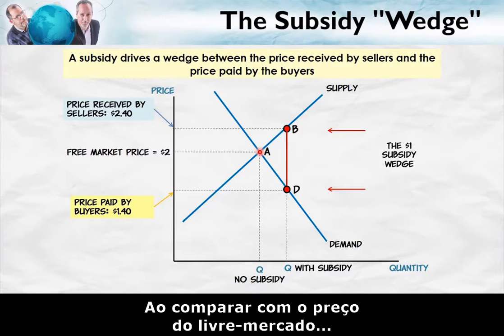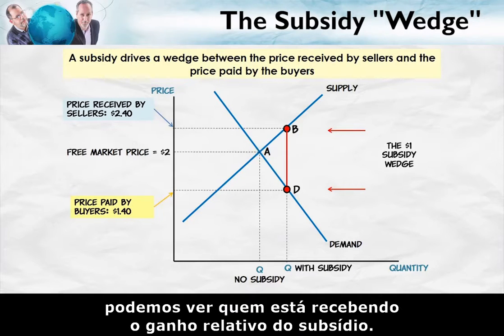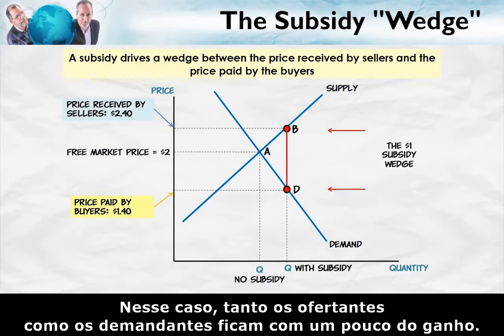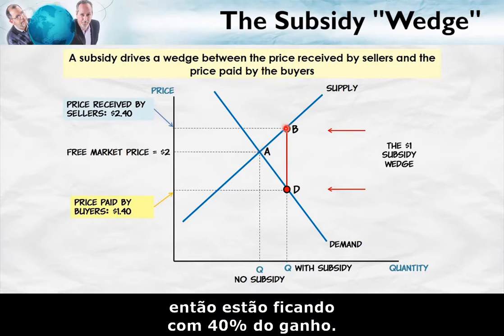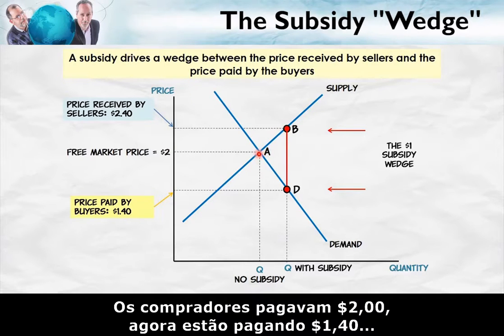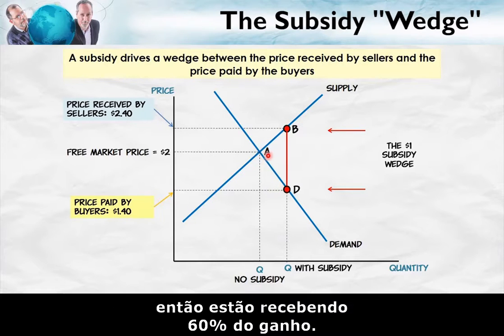By comparing with the free market price, we can see who is getting the relative gain from the subsidy. In this case, both the suppliers and demanders get some of the gain. So the suppliers used to get $2 per unit. Now they're getting $2.40, so they get 40% of the gain. The buyers used to pay $2. Now they're paying $1.40, so they get 60% of the gain.